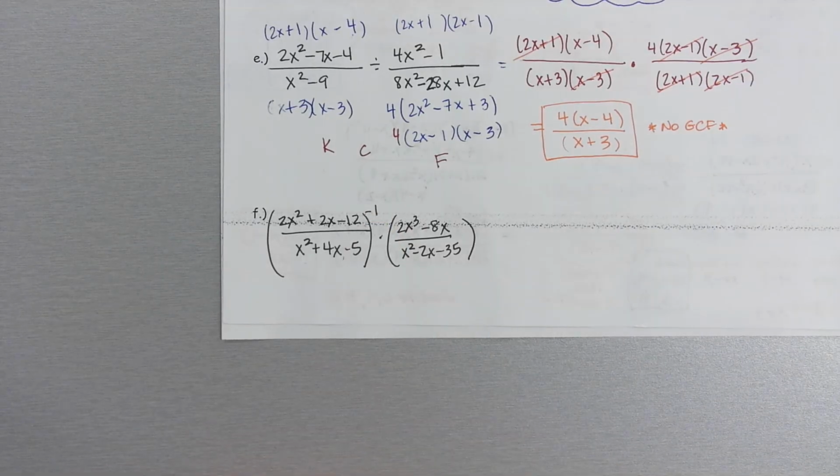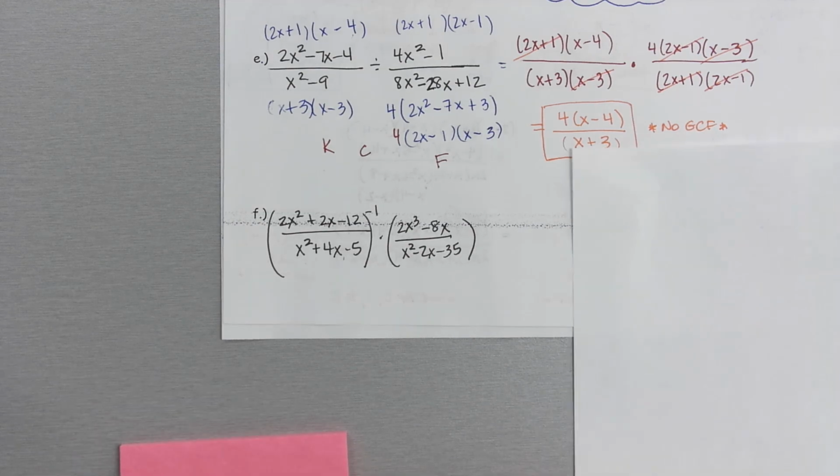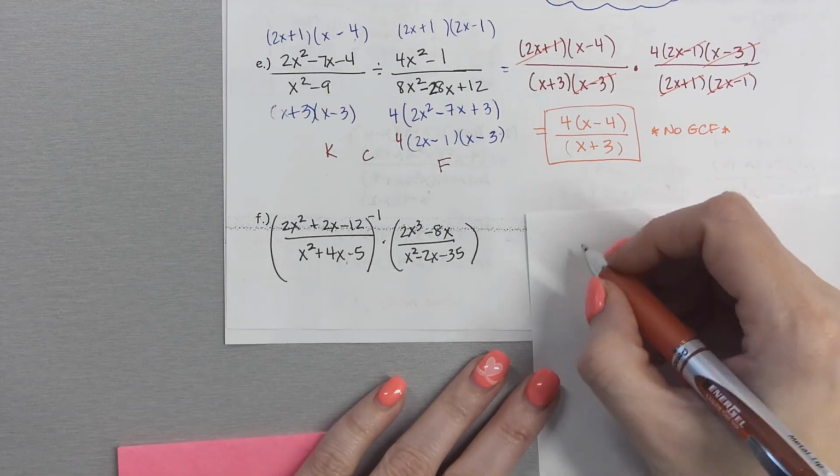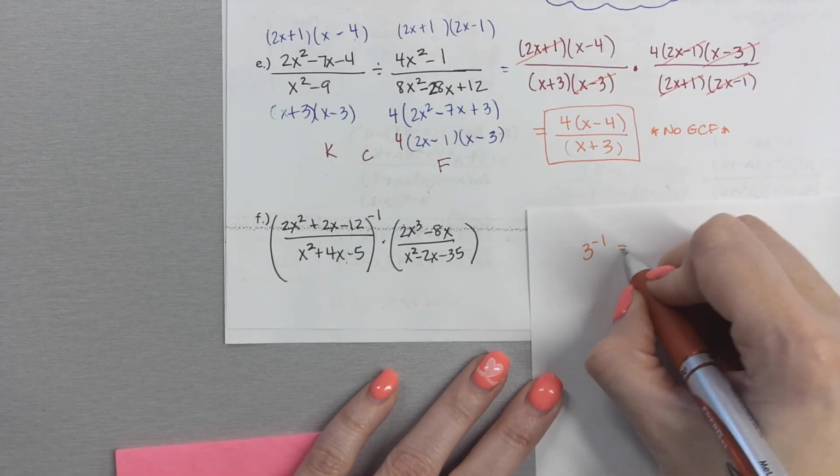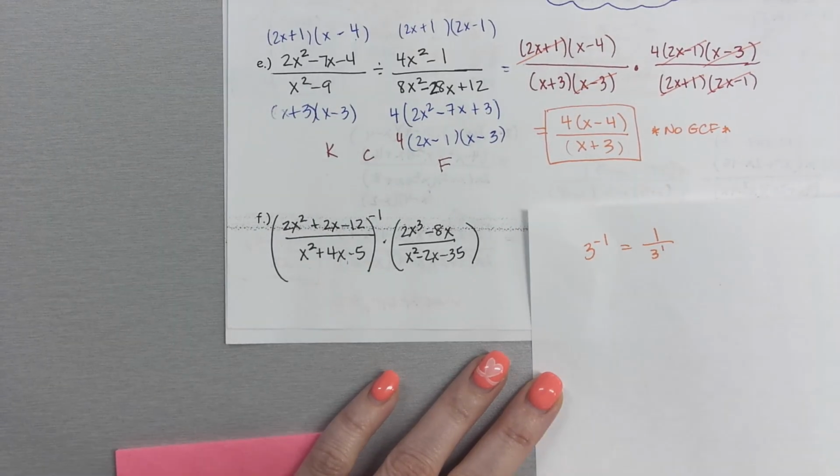Yeah, what does the negative 1 mean? You're going to flip it. You're going to flip the fraction. So if you have a negative 1, right? If you apply a negative power, let's just say we had 3 to the negative 1. To make that positive, it would be 1 over 3 to the first, right?